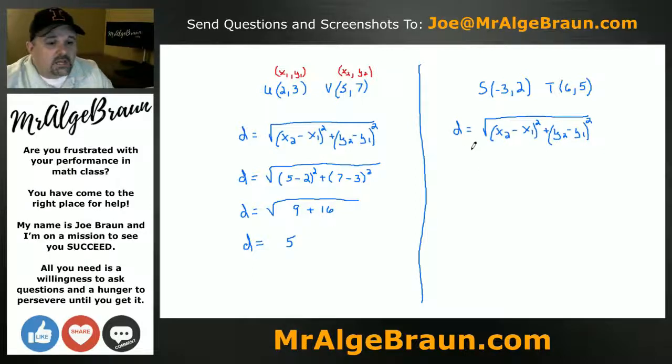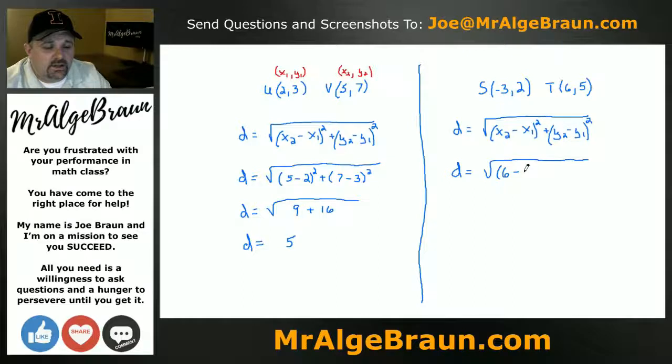All right, so let's move on to our second problem. I'm going to do it without the red things up here, so we'll talk about what we're thinking as we work through the problem. So d is going to equal the square root of x sub 2, which would be the second group and the x of that, so it would be 6, minus x sub 1, which is right here.